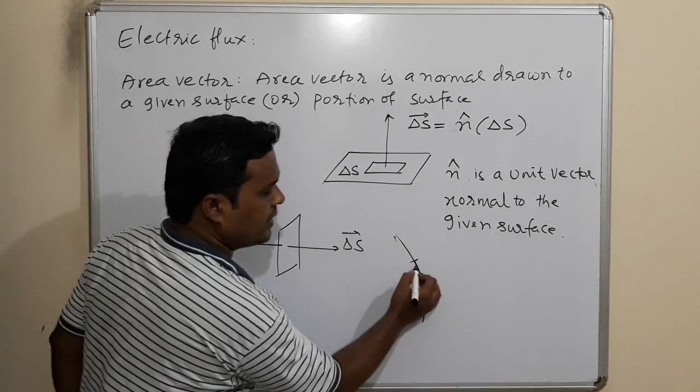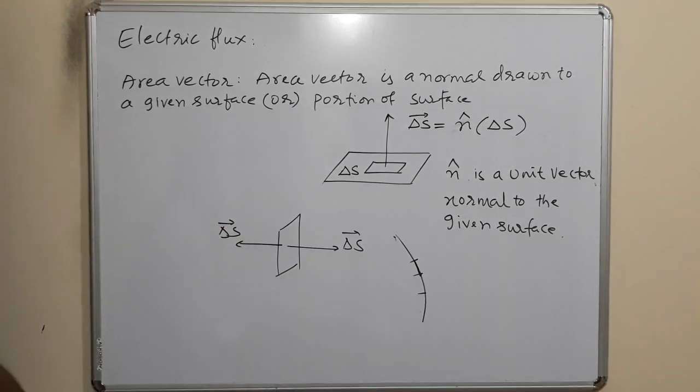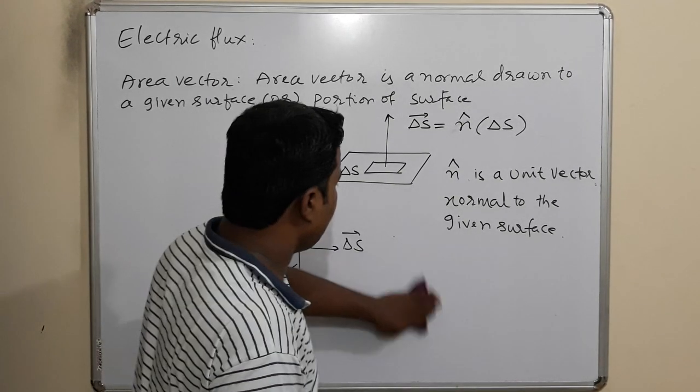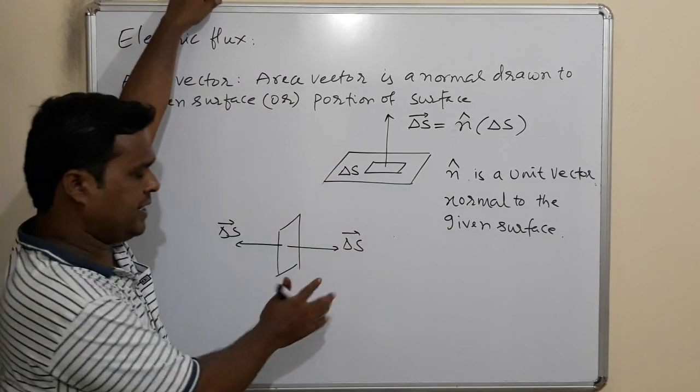Then to this delta S, we draw a line perpendicular to the surface which represents the area vector. For an open surface, area vector can be drawn on both sides.